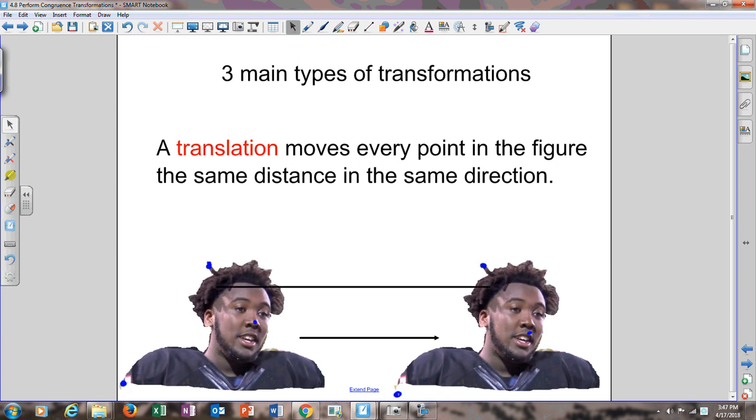Now if we take this line and we move it, his nose is going to be the same distance apart, and his shoulder is going to be the same distance apart. See how everything moves by the same amount. We have nasty teeth. Yep. So it all moves the same distance. Thanks, Scoop.